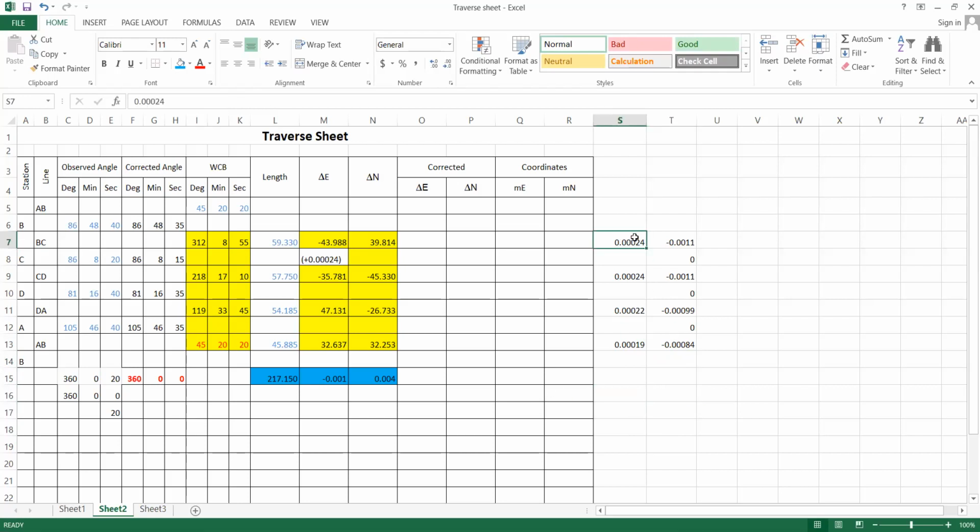Then if I take the summation, this point it is 0.03.